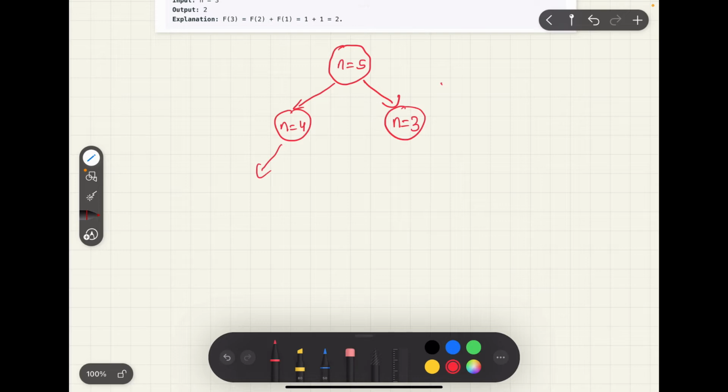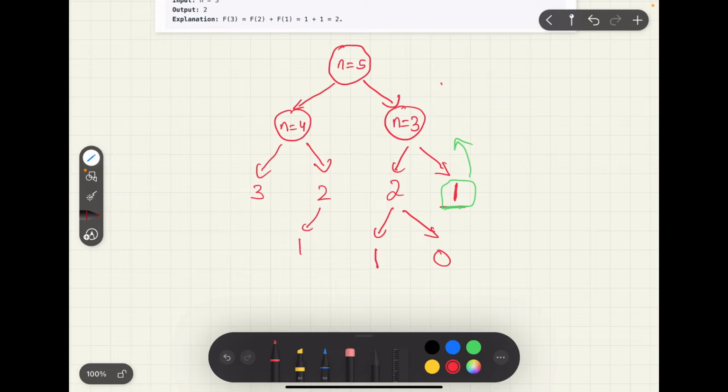Again, for 4, we'll have to calculate 3 and 2. And for 3, we have to calculate 2 and 1. You can see that 1 is a base case, so we won't be calculating for it and we can simply return from here. 2 will be further calculated and we'll be calculating 0 and 1.